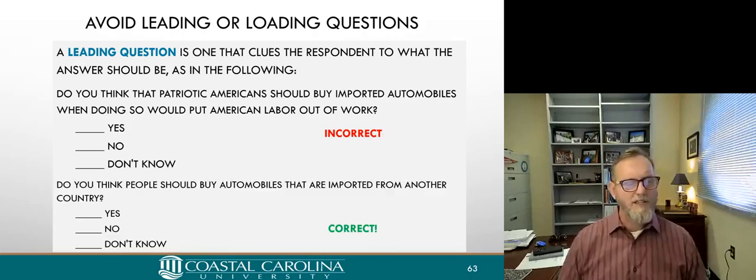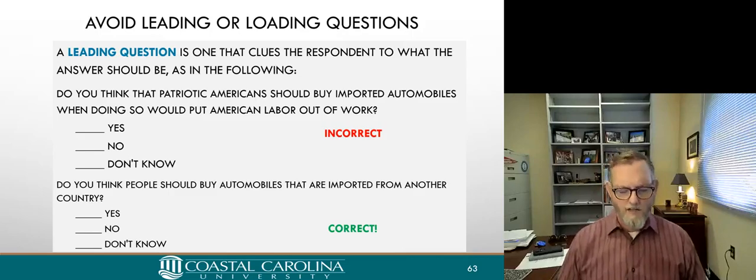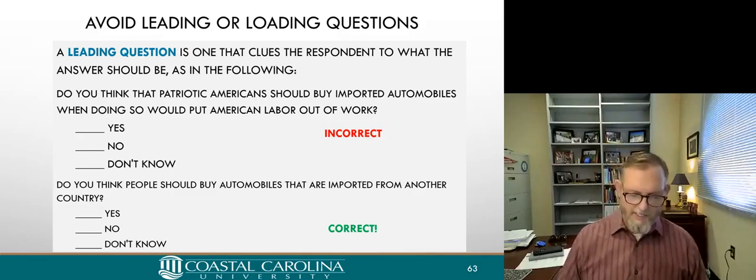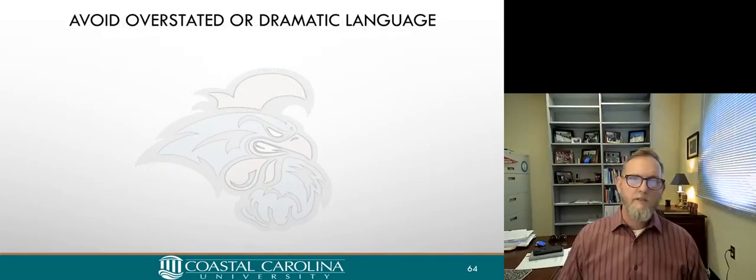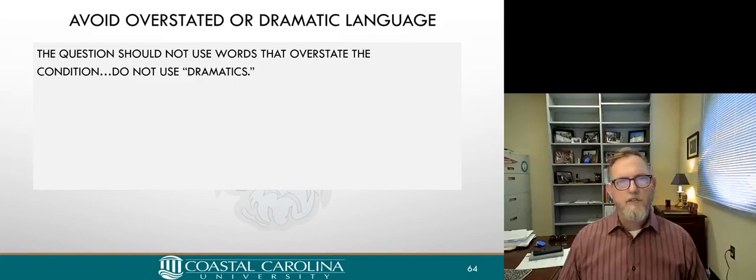So we don't want to put that pressure on them. Take away that language, and it'd be a better question. Do you think people should buy automobiles that are imported from another country? Plain and simple. Doesn't have all the rhetoric and all the inflammatory language that is there. Right, so that would be good.